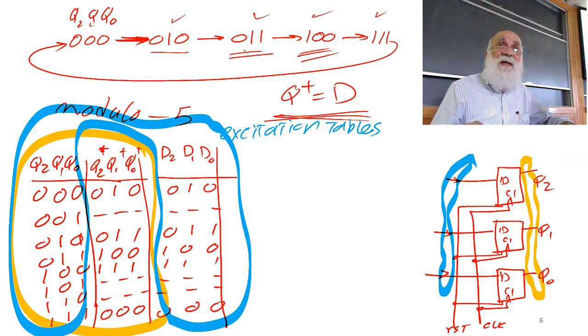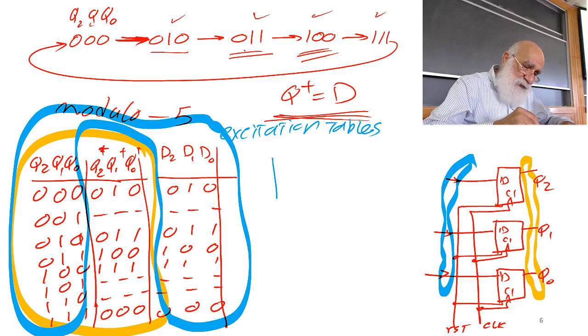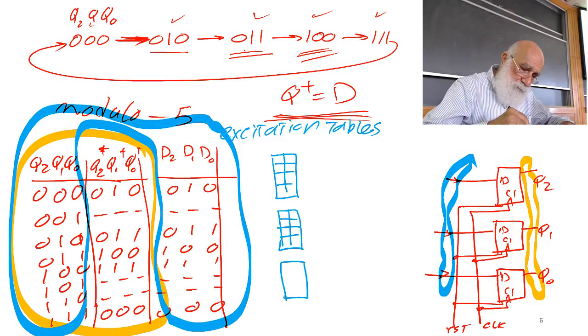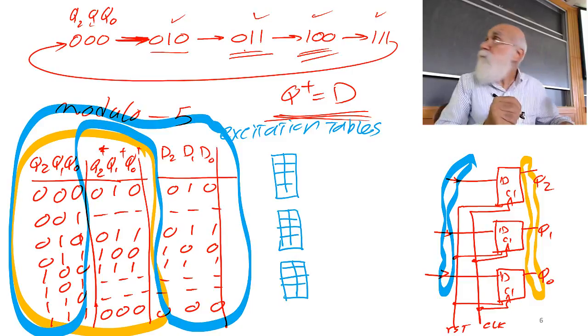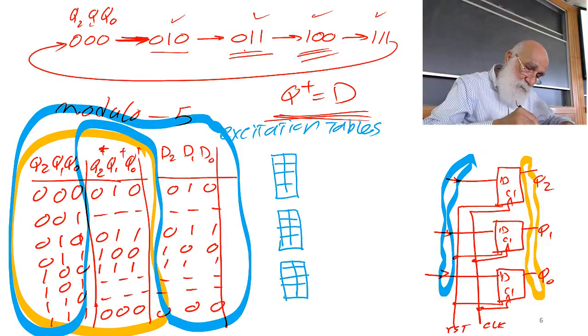I'm going to implement my excitation tables. For implementing my excitation tables, I need 3 Carnot maps. The inputs Q2, Q1, Q0.